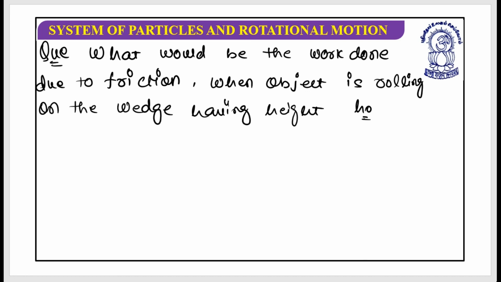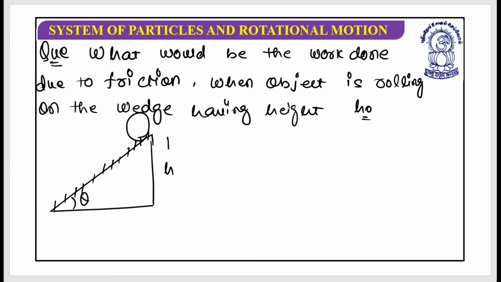So they've asked that, this is the case we were discussing. This is theta, this is the friction, an object is there, this is at h. So an object is moving in this direction, and at a certain time it will reach the foot of the wedge.